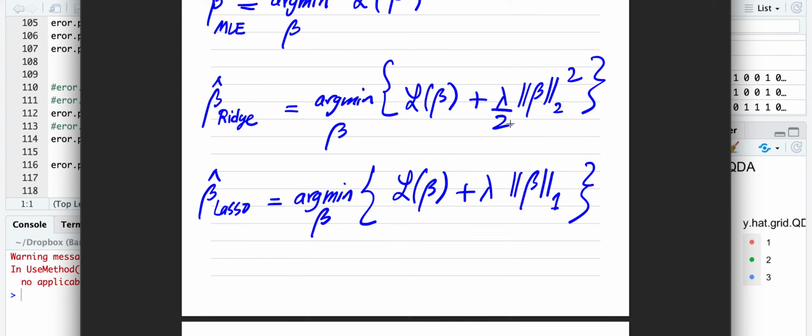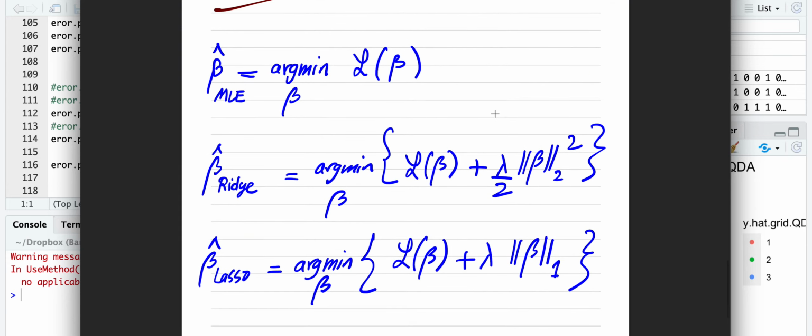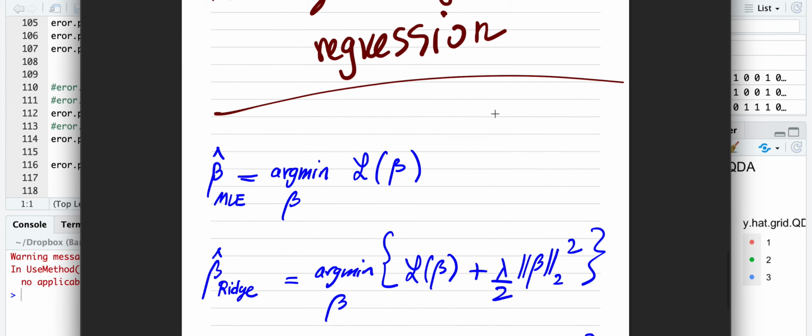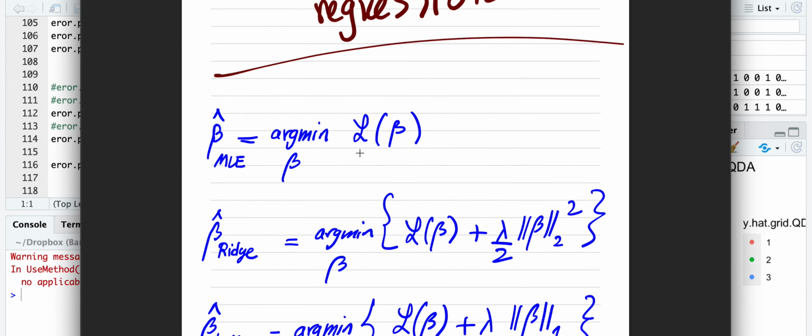Okay, so lambda here is a tuning parameter, and if lambda is small, then we essentially end up with a scenario where we are just solving the MLE, right? So lambda small gives us a complex model, lambda large gives us a simple model.